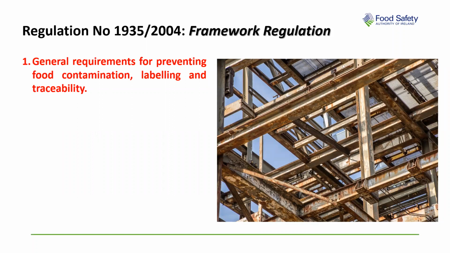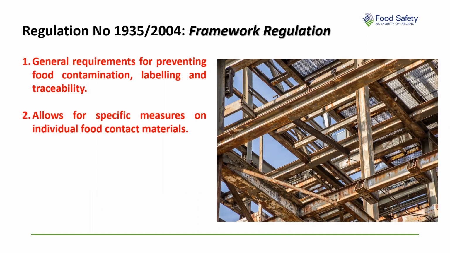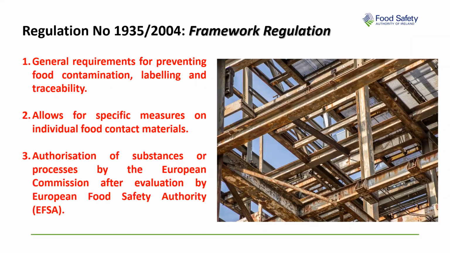It outlines some labeling provisions in relation to FCMs, and some traceability requirements, in addition to a whole lot of other things which I'm not going to talk about today. It also provides the legislative process for the European Commission to publish those specific measures I mentioned on individual food contact materials, such as plastics and ceramics and so on. And it also allows for the authorization process of substances which are used in food contact materials.